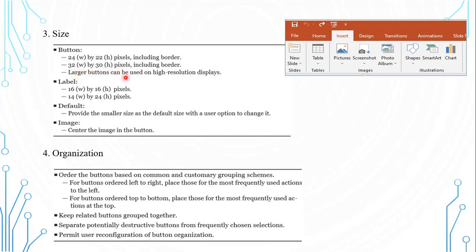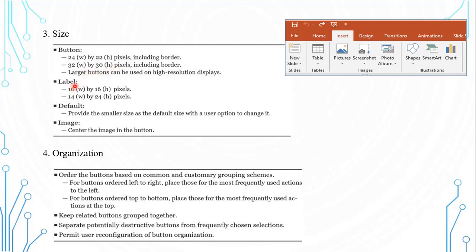The larger buttons can be used on high resolution displays. Sometimes you have high resolution displays on laptops, and in those you can have 32 by 30 pixel width and height.